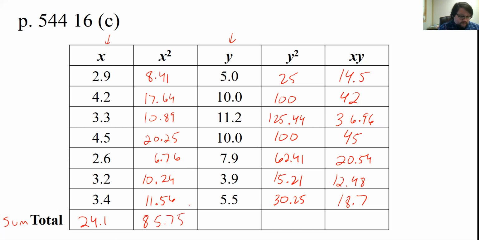5 plus 10 plus 11.2 plus 10 plus 7.9 plus 3.9 plus 5.5. Okay, so it looks like that column adds up to be 53.5. Add up that column, 25 plus 100 plus 125.44.